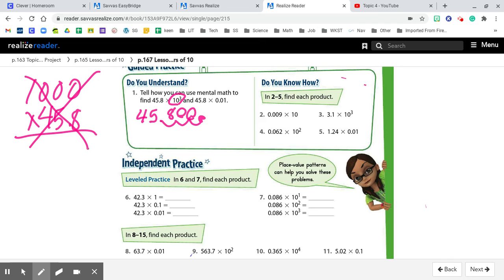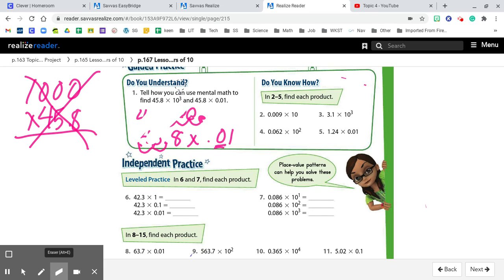And then the next one, 45.8 times 100th. Remember, if I'm moving it times 1/10, I'm actually going to move the decimal in the opposite direction. If I'm multiplying it by 100th, I move it twice in the opposite direction. So for that one, you're going to wind up with 0.458.